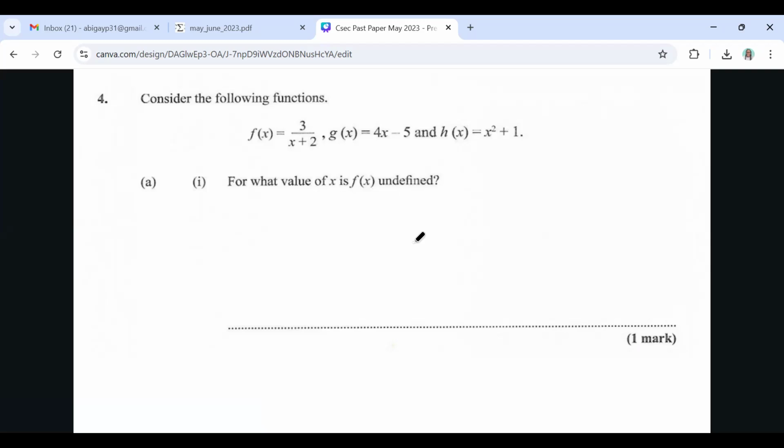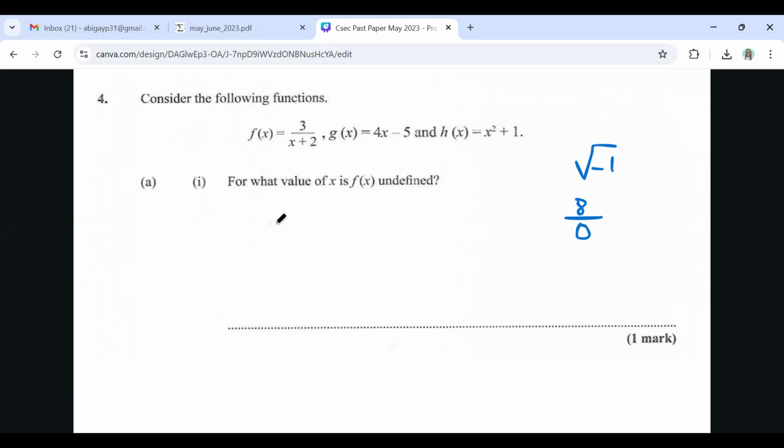The only time a number is undefined is when it gives an error. It can be like a square root of a negative number, that's undefined, or your answer is divided by 0.